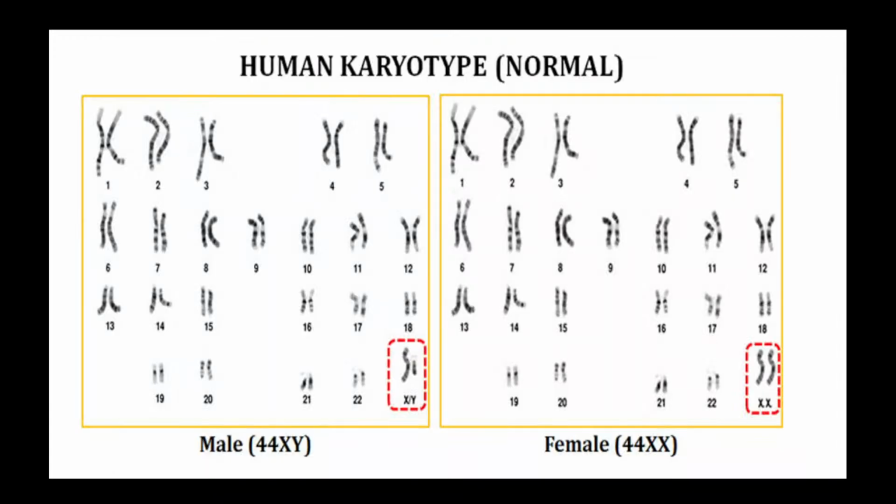So a special computer program makes the human karyotype. This artificial scheme of the human karyotype is called an idiogram. In this idiogram, the chromosomes are arranged from largest to smallest, but the last pair of chromosomes is the sex chromosomes.